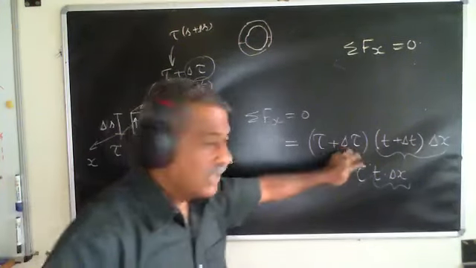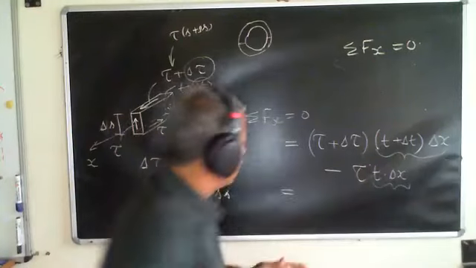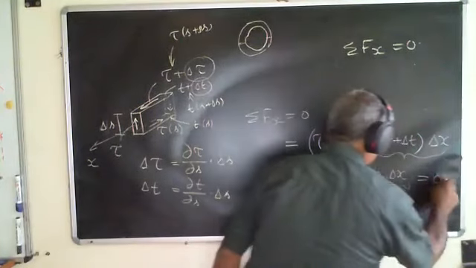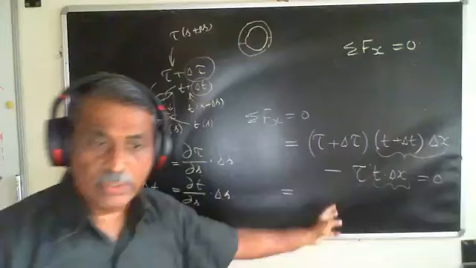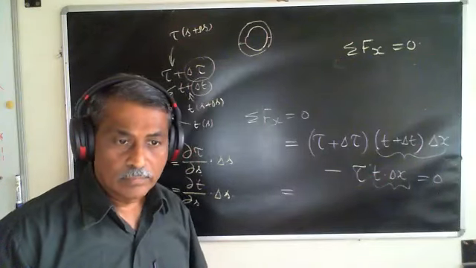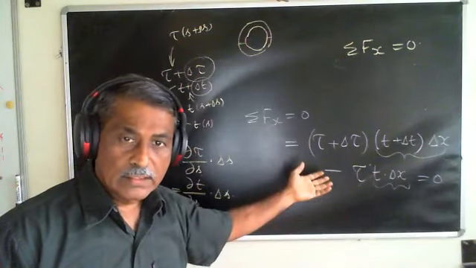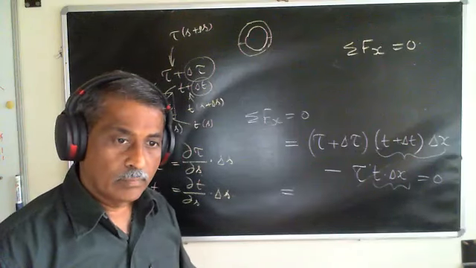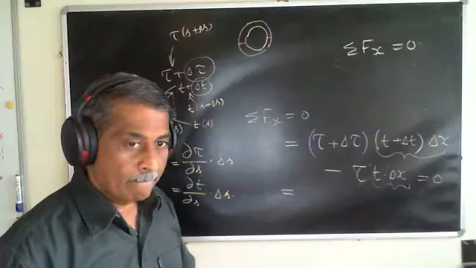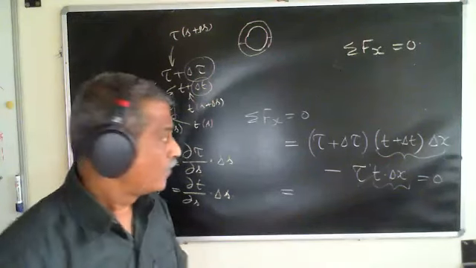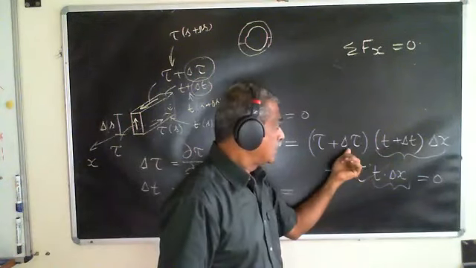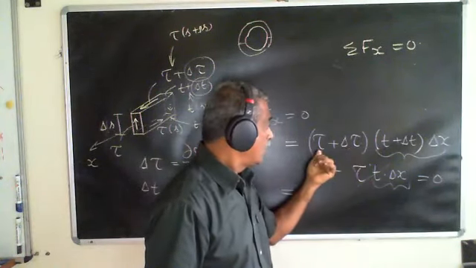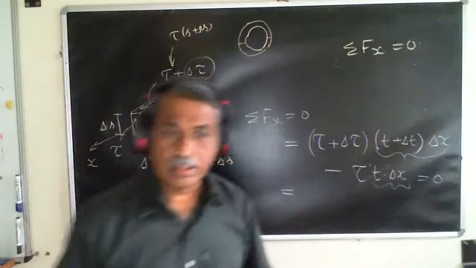So if I expand this, what should I get? Okay, this is equal to 0, right? If I expand this, what should I get? I have a t that is multiplied by delta t. I have a tau that is multiplied by delta t.